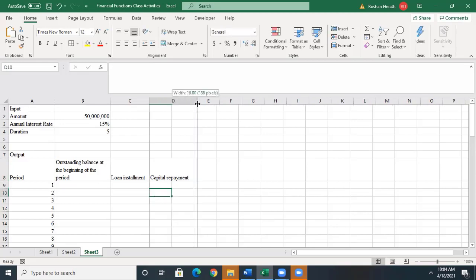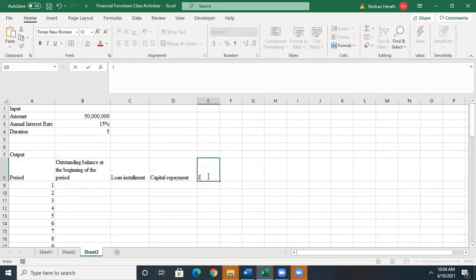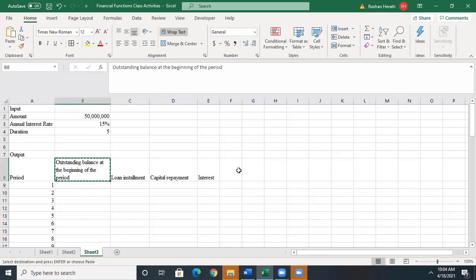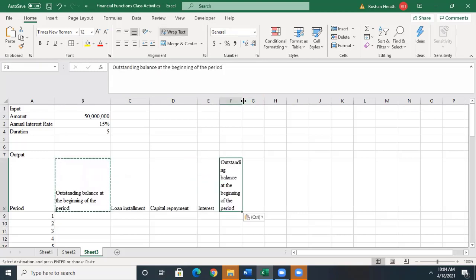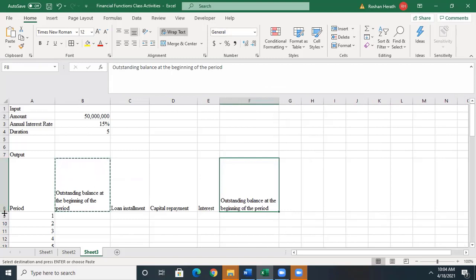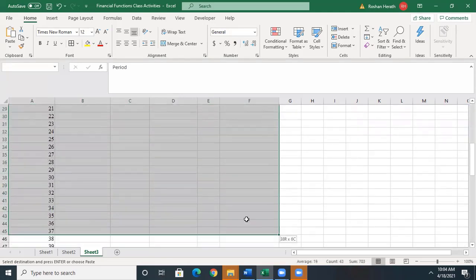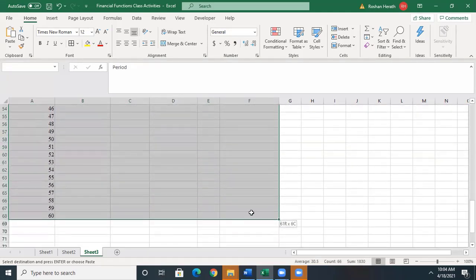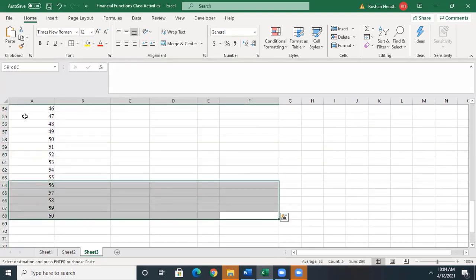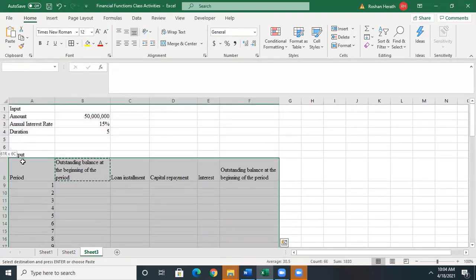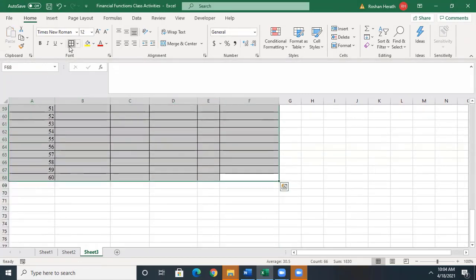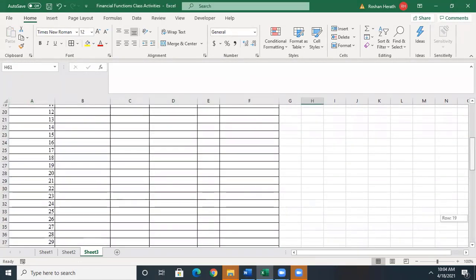And also another important information is about the interest. And finally the outstanding balance at the end of the period. So this is going to be the typical loan amortization schedule. Okay, so now let's work that out.